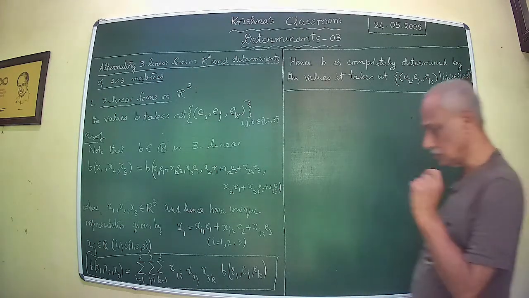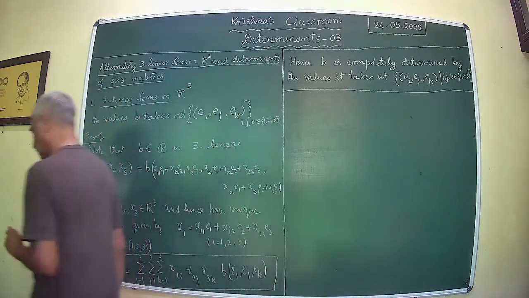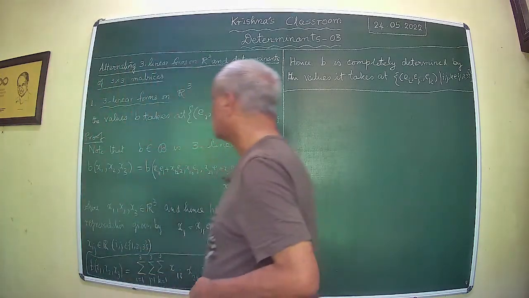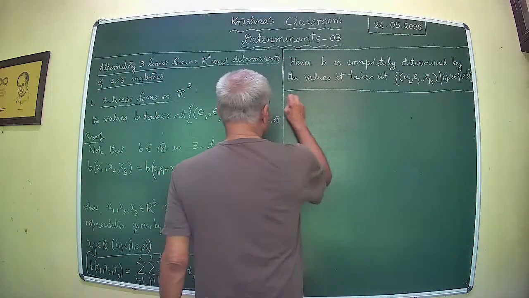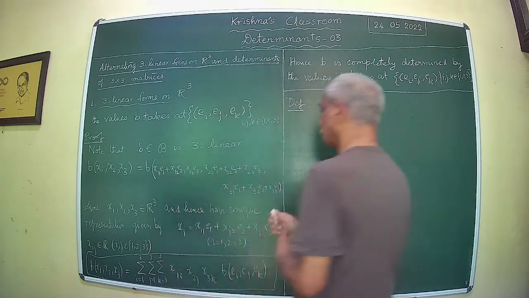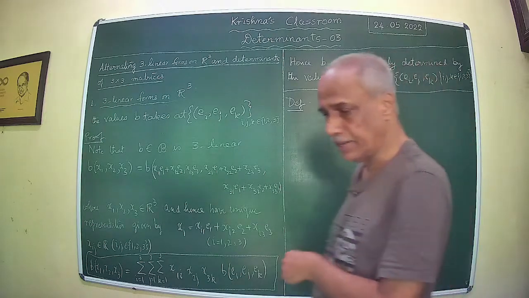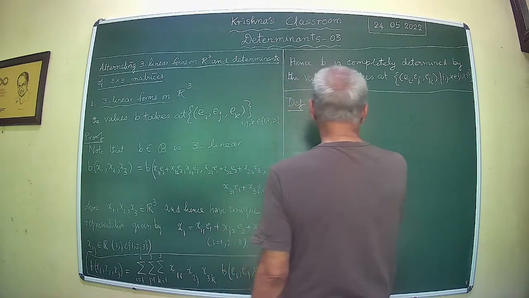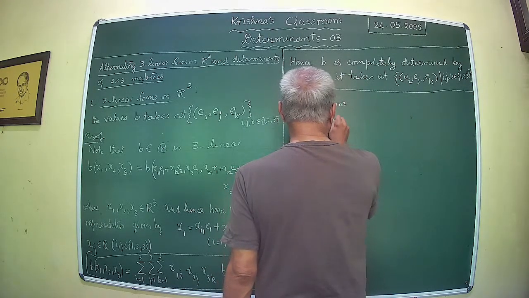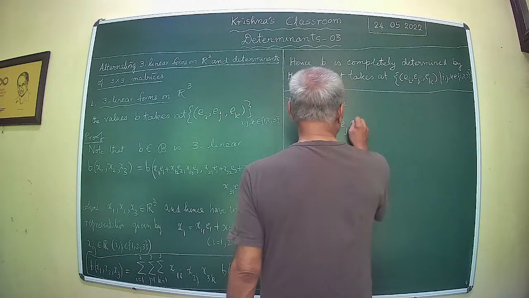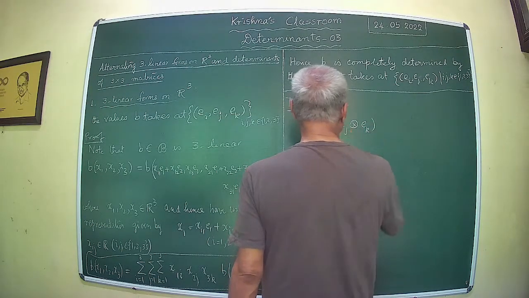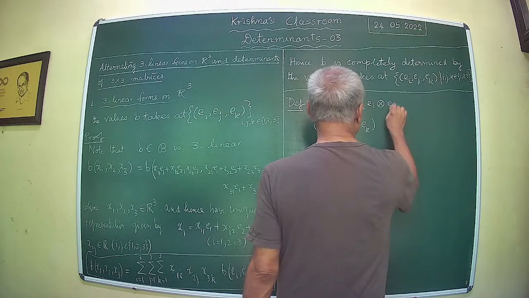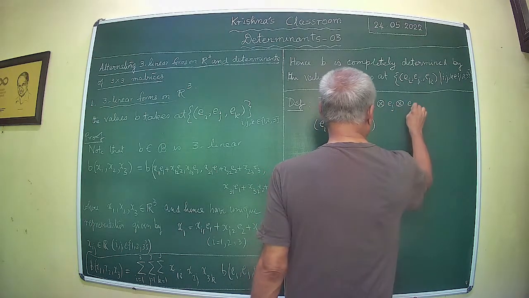Now we use this fact to define certain n-linear forms. Definition. Define, this is the notation, e_i tensor e_j tensor e_k, this is a tensor product.